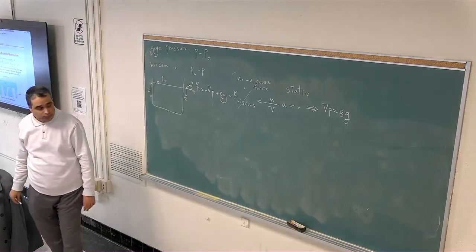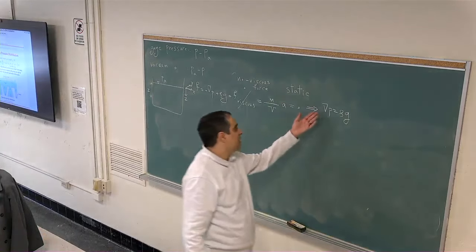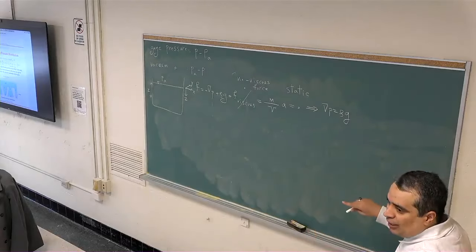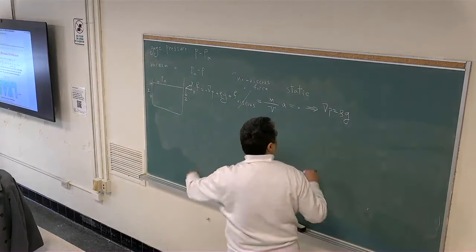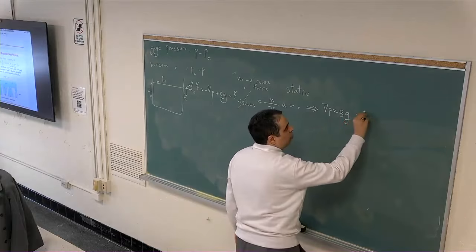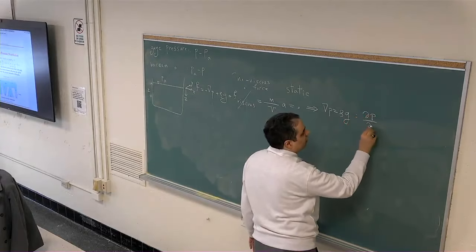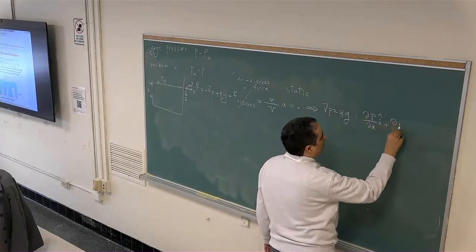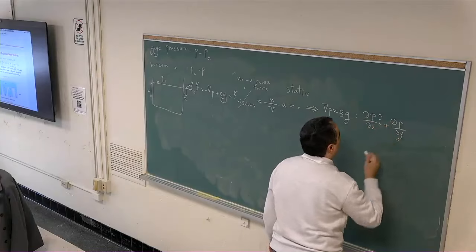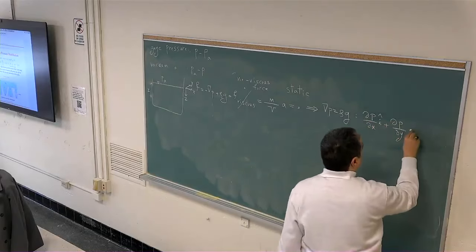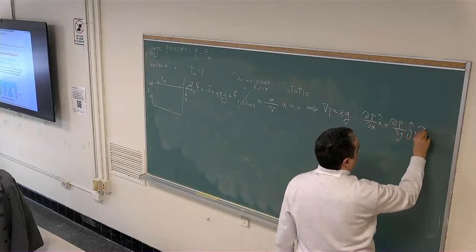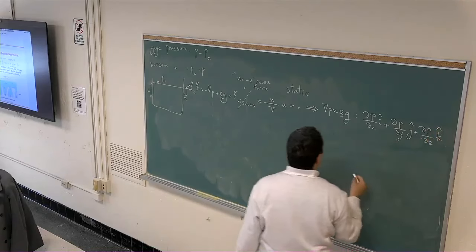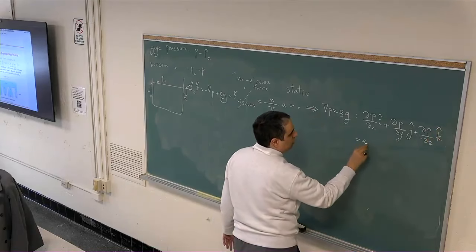One question. Can anyone expand grad P for me? Partial P partial X i plus partial P partial Y j plus partial P partial Z k is equal to rho g.